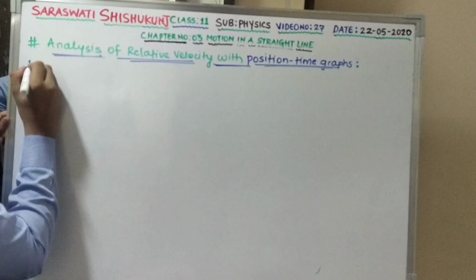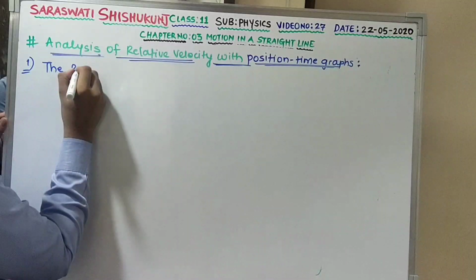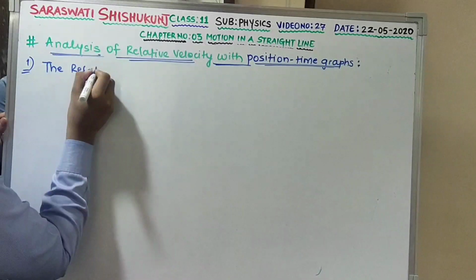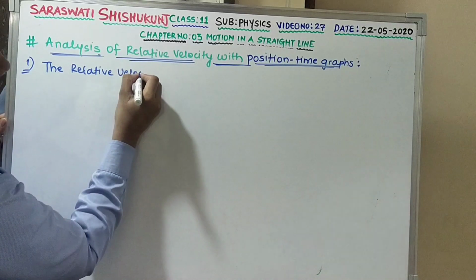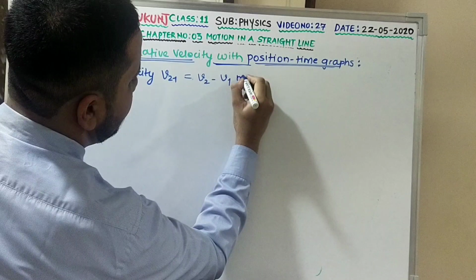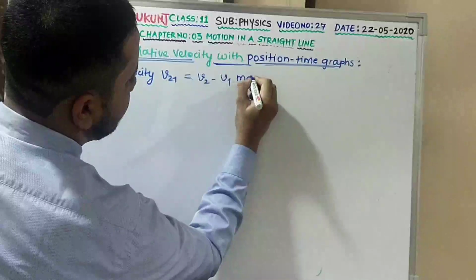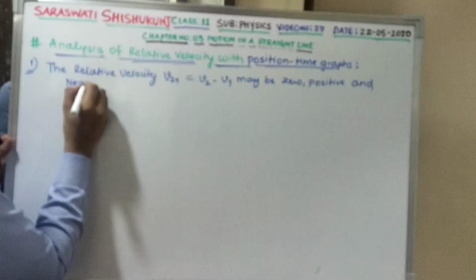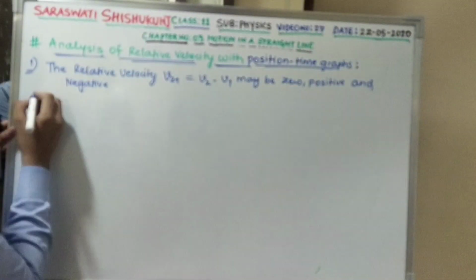The relative velocity, denoted by v21, the relative velocity of object 2 with respect to object 1, that is v2 minus v1, may be positive, may be 0, or negative. Now we are going to study the cases for 0, positive and negative one by one.